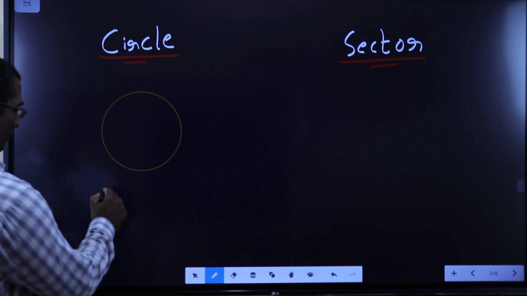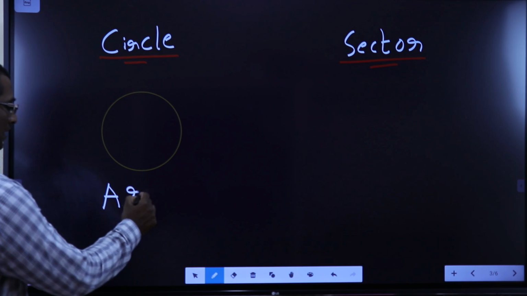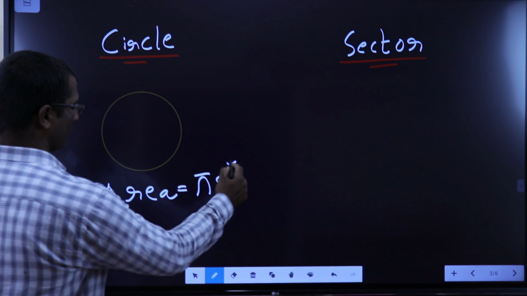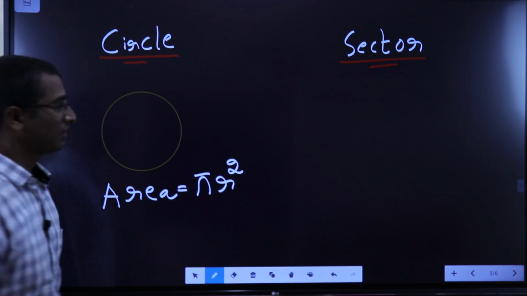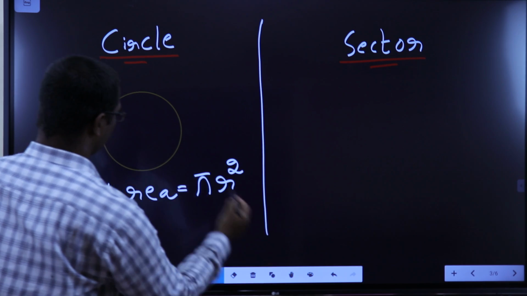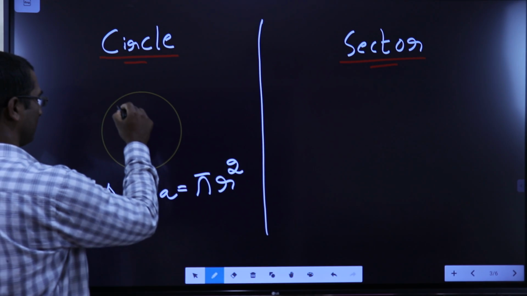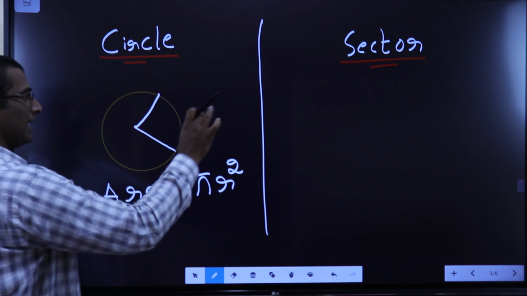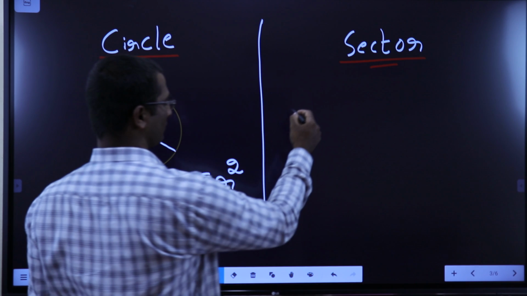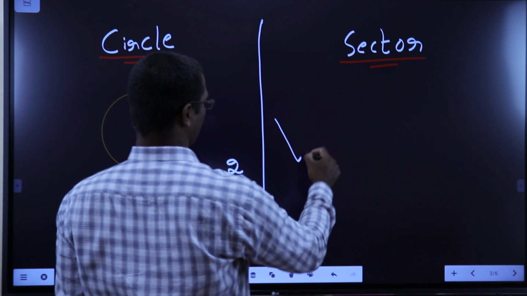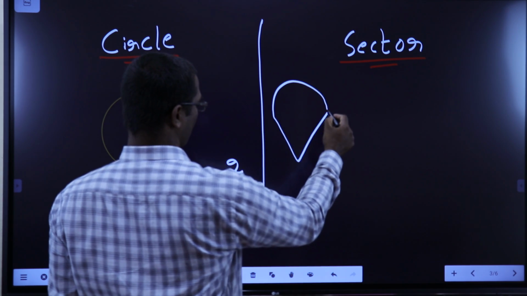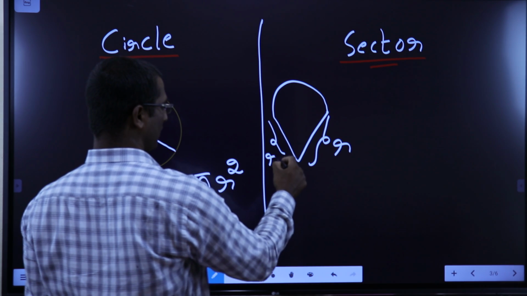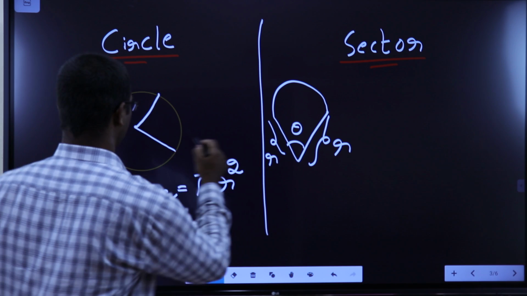Circle. You already know what is the area of a circle. Pi r square. Right? Now, this is the center. Let us say this part has been taken out from the circle. So this is radius, and even this is also radius, this is the angle.